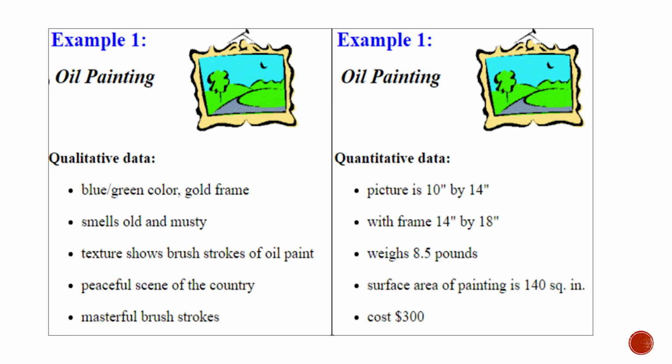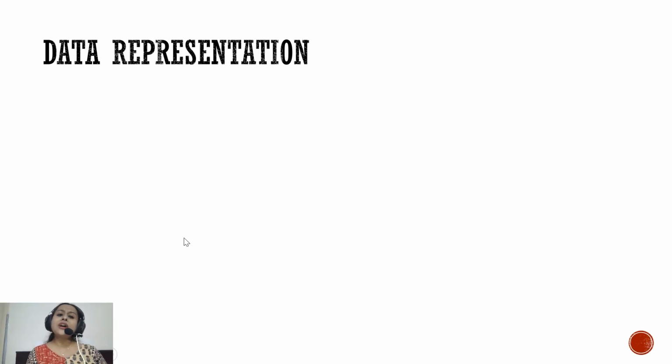And as I mentioned, the color, texture, all this you can express using some words or some adjectives which will come under qualitative data. Now coming to data representation, there are different formats of data representation. We have already seen one format, that is a textual format. So in the paper pattern which I have shown you, you have seen that numerical data even can be expressed in the format of a caselet, in the format of a text, right?